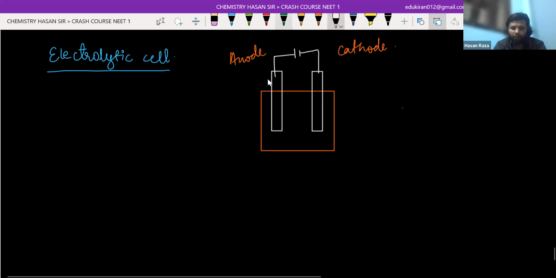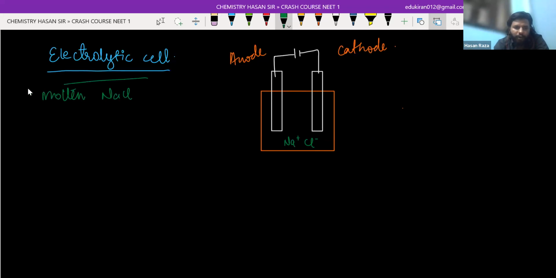Now I'm going to dip the electrodes in molten NaCl, sodium chloride. This sodium chloride will dissociate into ions. The anode is positively charged, and the cathode is negatively charged.